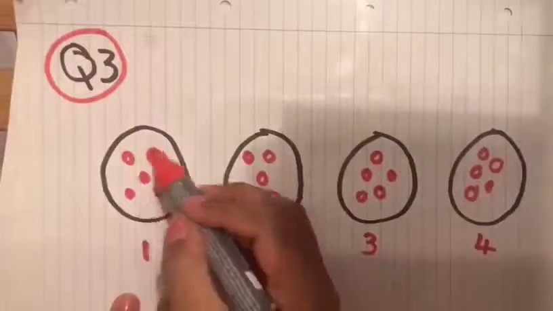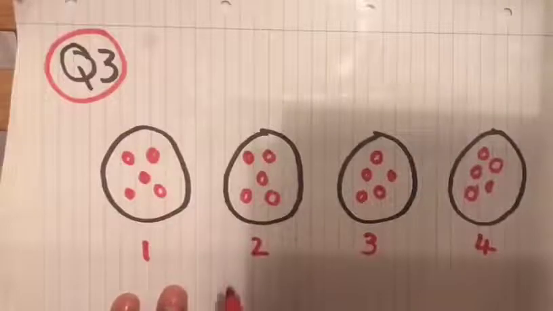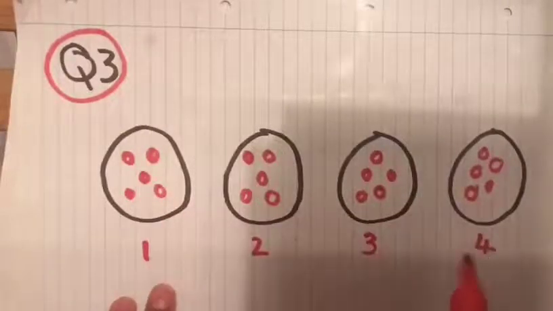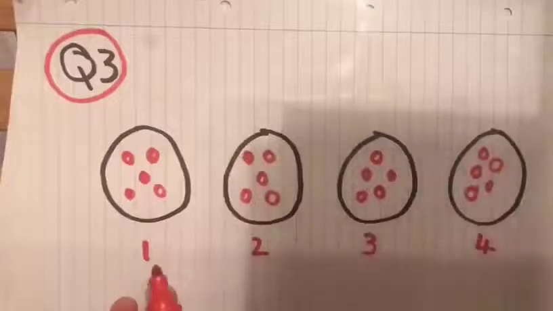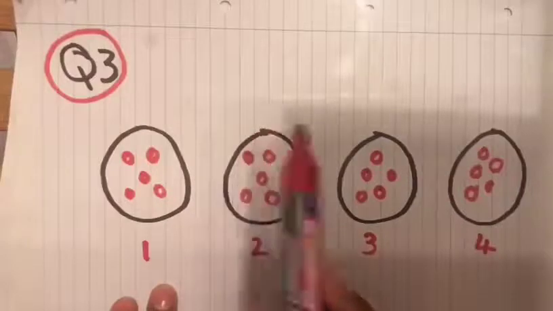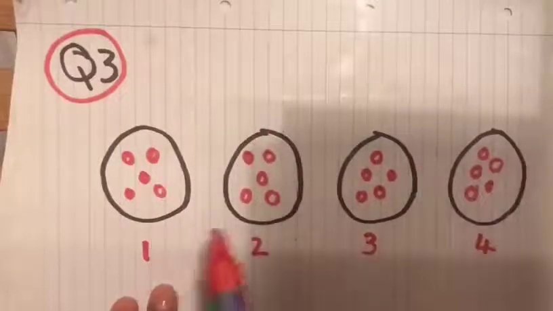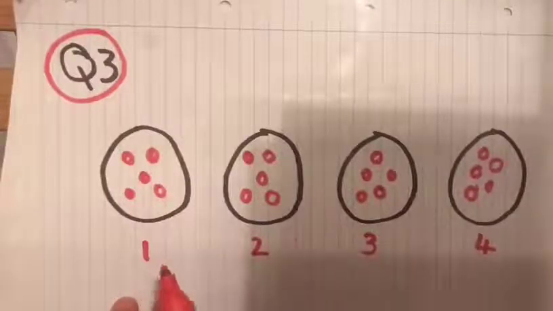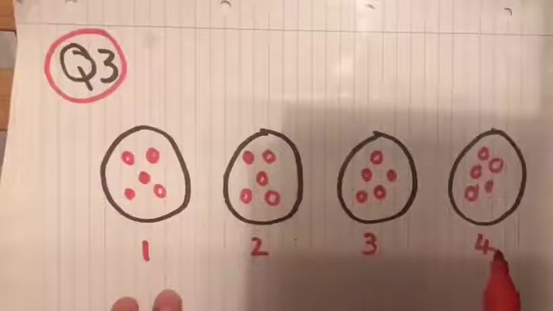So if we have 1, 2, 3, 4, 5, and we have 1, 2, 3, 4 groups, how many counters do we have all together? Now remember, we can use addition or multiplication to help us get to our answer. And then finally, how many equal groups of counters do we have?